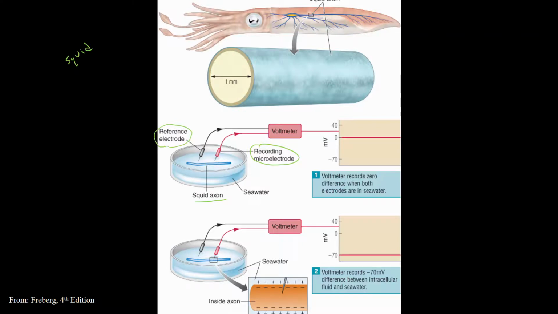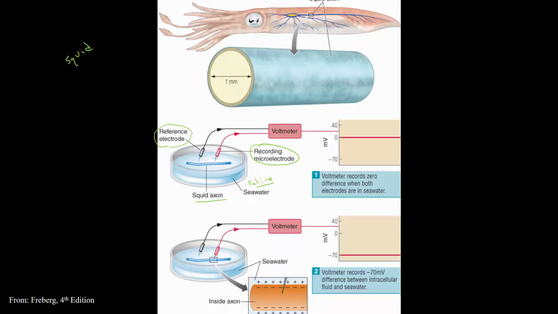Okay, so in this case, when we first start, I've got the reference electrode and the recording electrode in the saline solution, here they call it seawater. I mean, we don't call it that in the lab. It's saline, a salt solution. If you look, these are in the same fluid, right? There should be no separation of charge in the seawater.